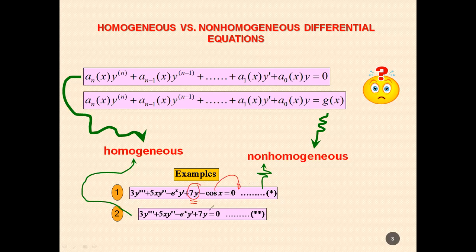So you were led to think that this is homogeneous, but actually it's non-homogeneous. You have to make sure that the format on the left side is comparable to the general format that is written here. So the last term on the left should be in terms of the unknown function or the lowest order derivative in your given differential equation.